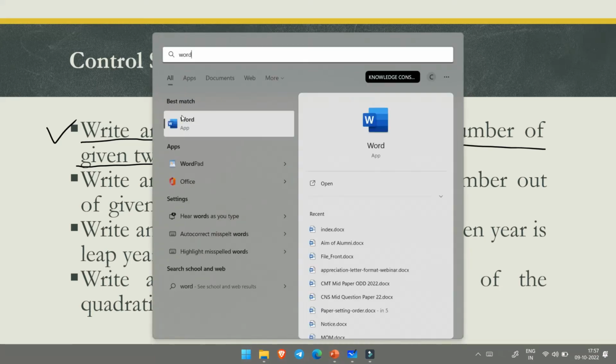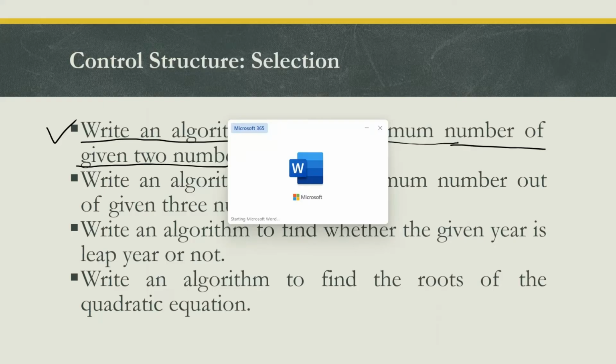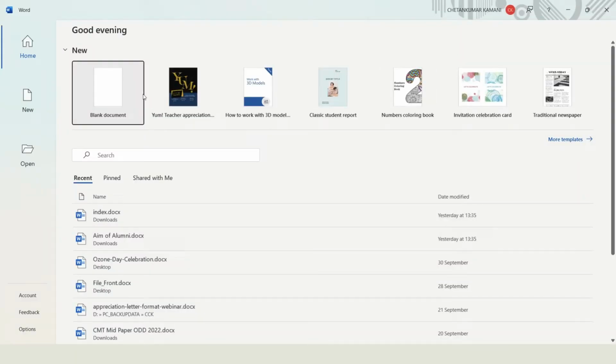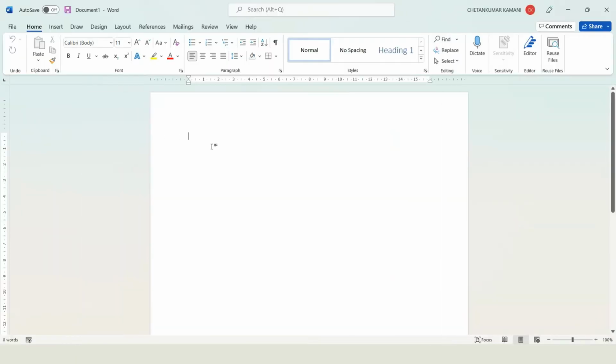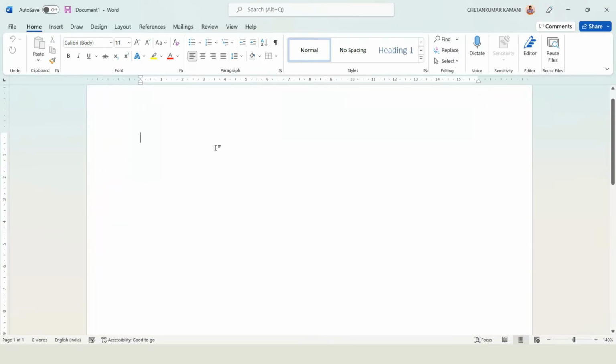I will use Microsoft Word. I will not write the steps using the digital board. So what would be the input for this algorithm? Think about this.